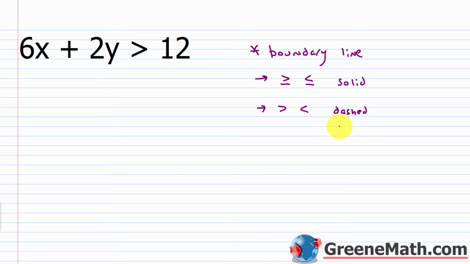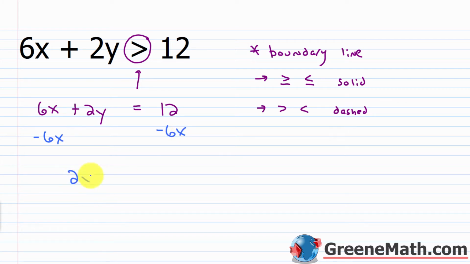So how do we get the boundary line or the boundary in general? Essentially, we look at the inequality symbol and we replace it with equals. So I would have 6x + 2y = 12. I can easily solve this for y and graph the resulting line. Let's subtract 6x from each side of the equation.